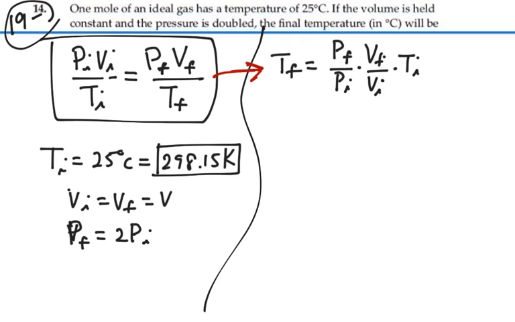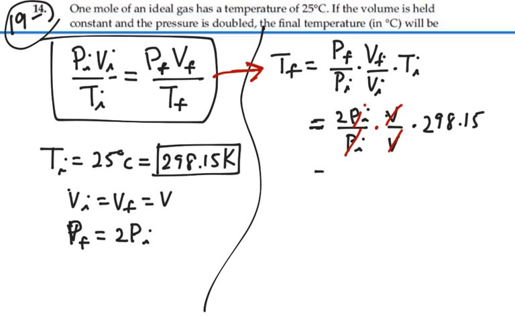Alright, our final pressure is twice our initial pressure, so this is going to be 2 times Pi over Pi. Pi is canceling out, times, and then our final volume is the same as our initial volume, so those cancel out, and then our initial temperature is 298.15.